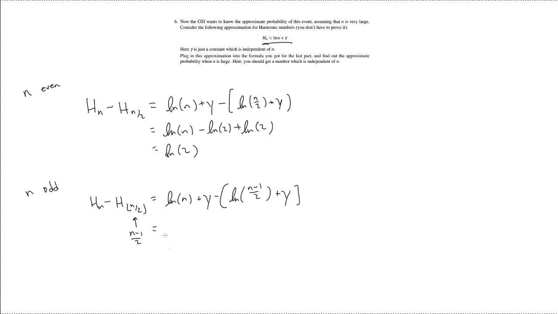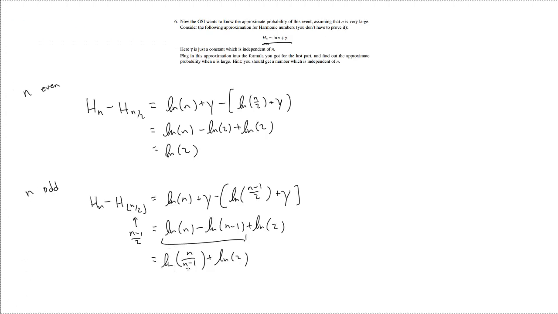The gammas cancel as before, and we're left with ln of n minus ln of (n minus 1) plus ln of 2. Now we can simplify these first two terms a little bit by writing ln of n over (n minus 1) plus ln of 2.